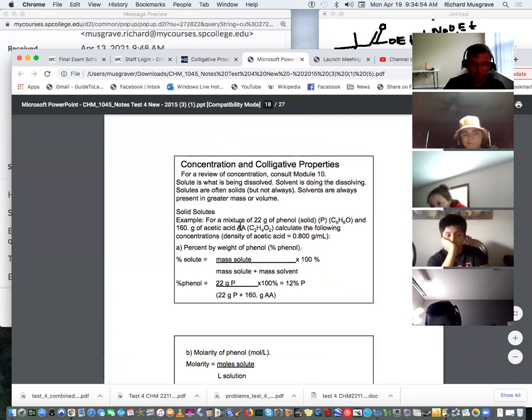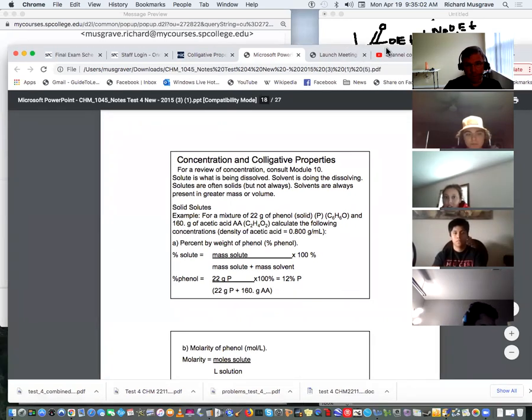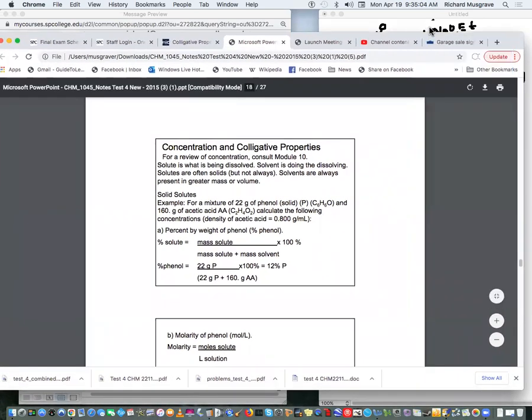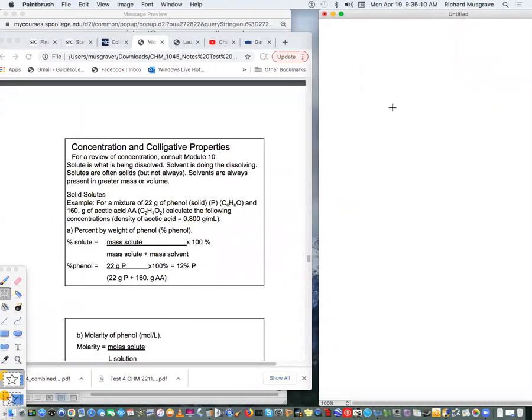All right, so what we're going to work on now will be concentration and colligative properties. So concentration, let's close that down. We don't need that. Okay.